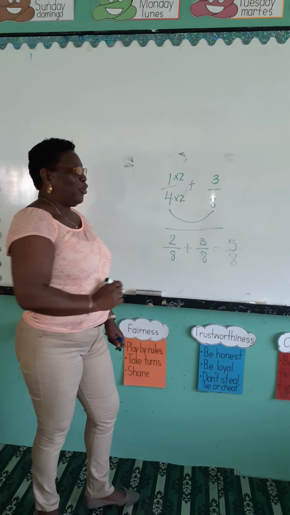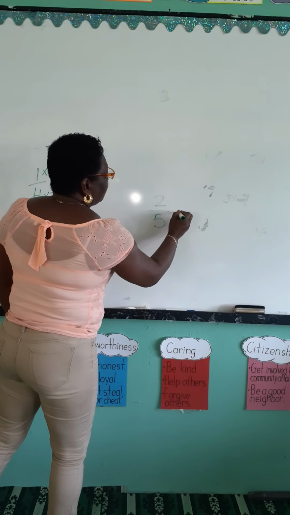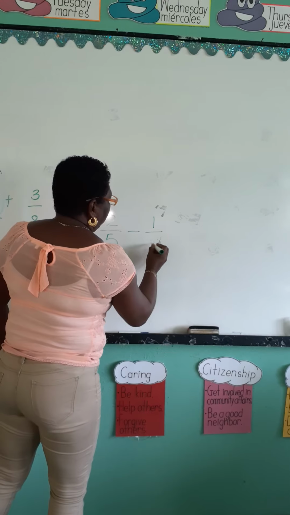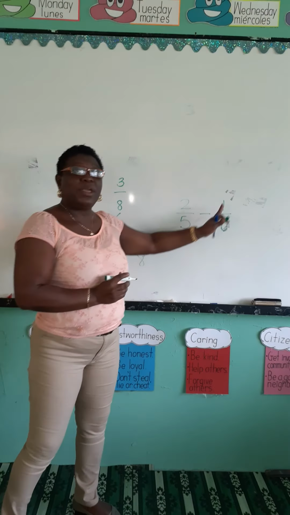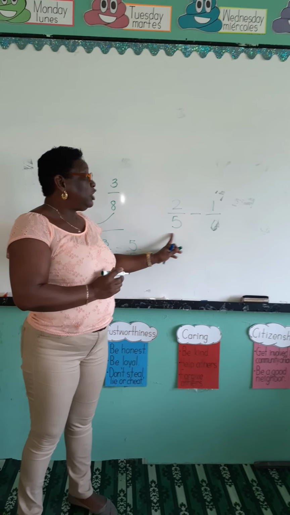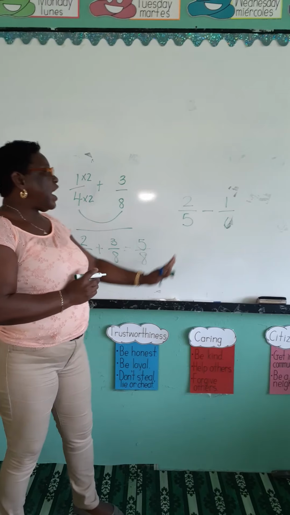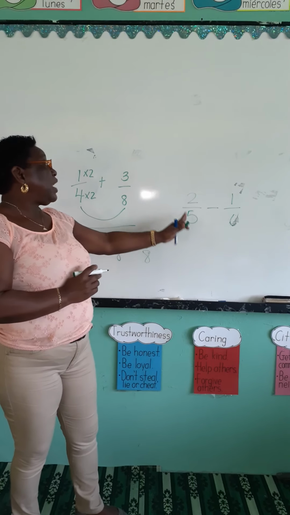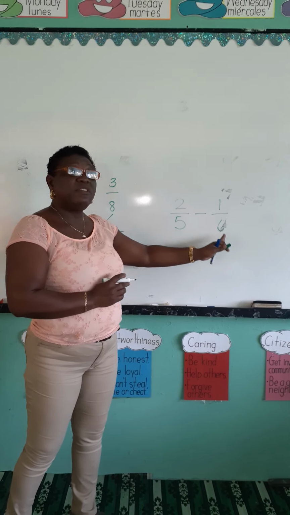Let's look at one more. 2/5 minus, take away, 1/6. So 2/5 take away 1/6. The denominators are different. What did we say? We find the bigger denominator, and then we go to the smaller one and see if there's a number we can multiply with 5 that will give us 6.